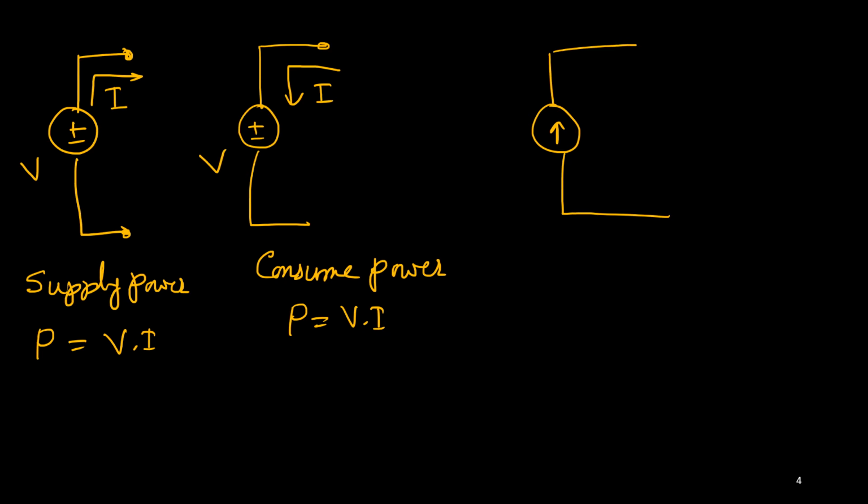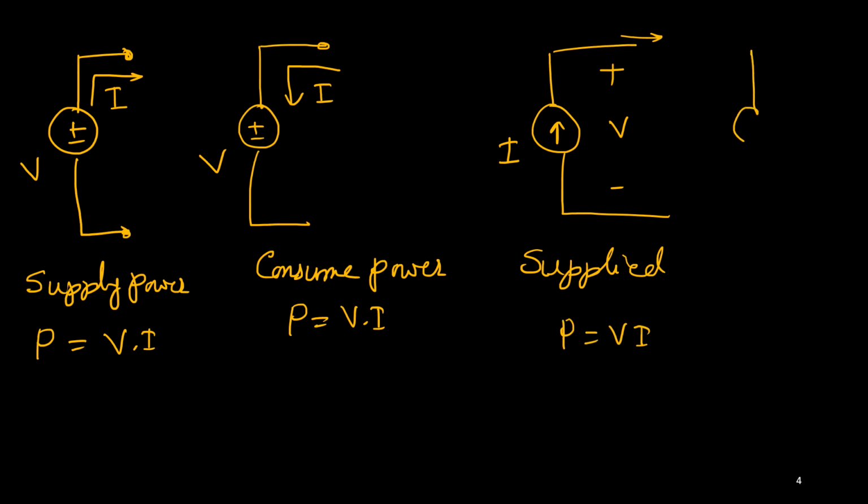So similarly, if it is a current source and the potential across the current source is not fixed, it depends on other circuit elements, and if it happens that this is plus, this is minus, and if voltage is V, then you see from the plus terminal again current is leaving, so at that time it is power supplied. Okay, and value is again V into I.